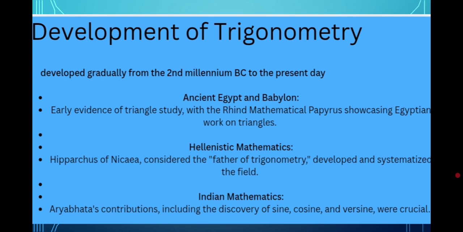After that, the Indian mathematician Aryabhatta contributed, including the discovery of sine, cosine, and inverse sine. Sine and cosine are the basic functions of trigonometry, and their work gradually developed trigonometry.